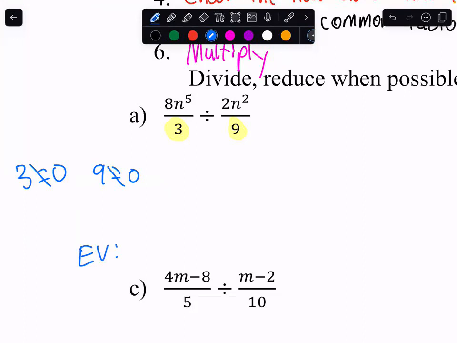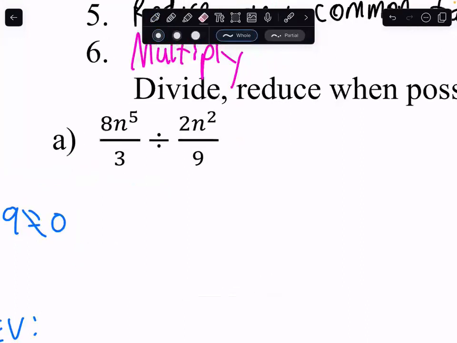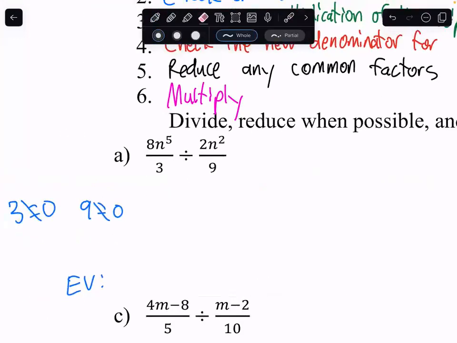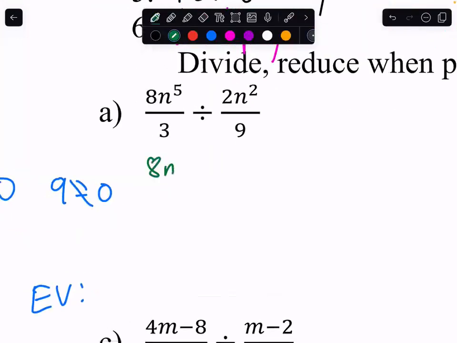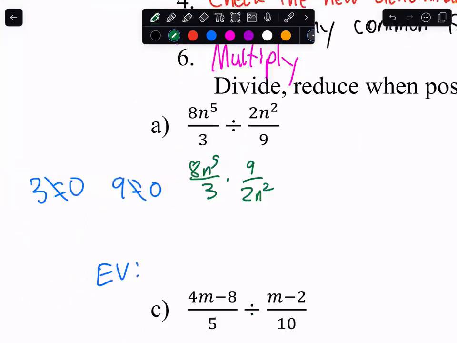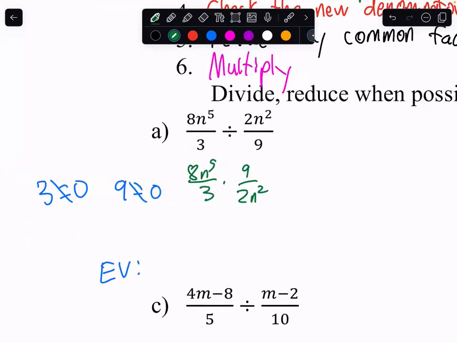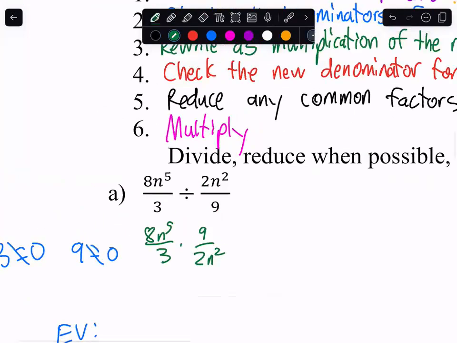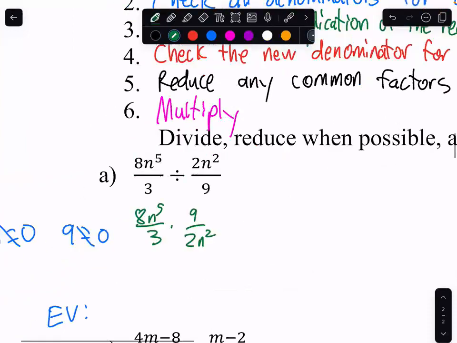But let's continue. Next step is to rewrite as multiplication. Keep the first one the same, multiply by the reciprocal of the second one. And then now step 4, check the new denominator for EVs.